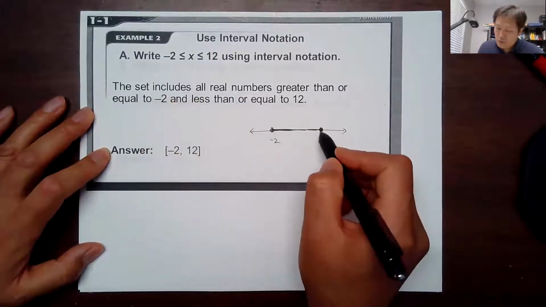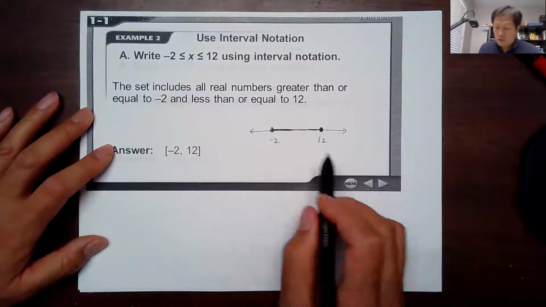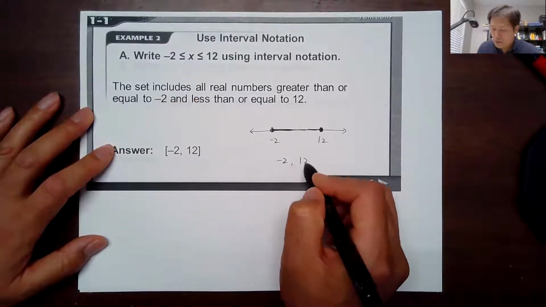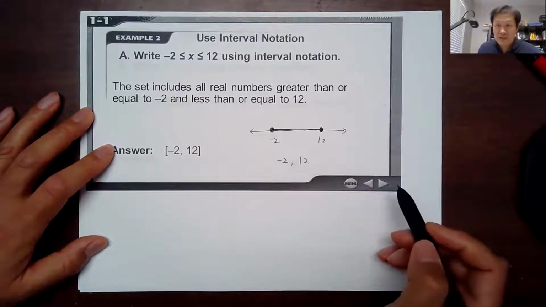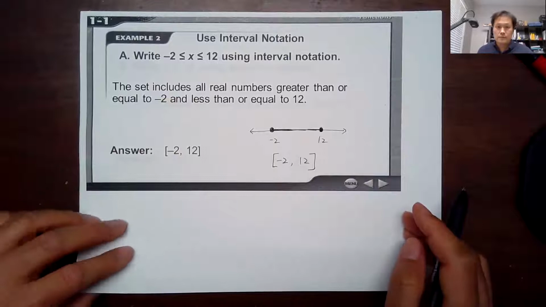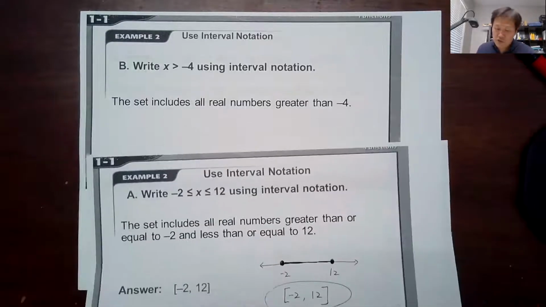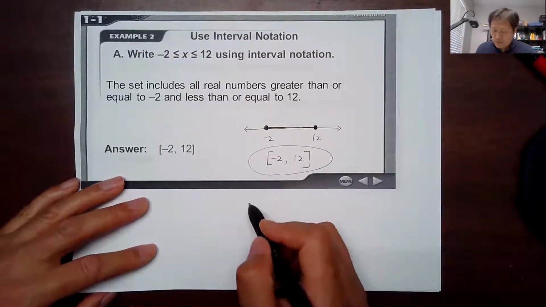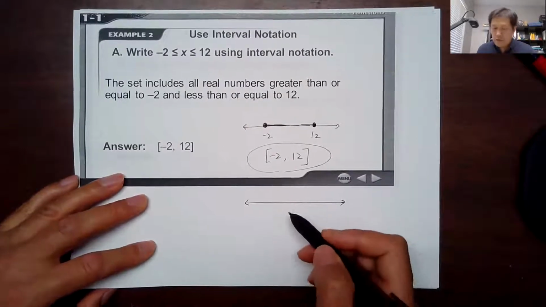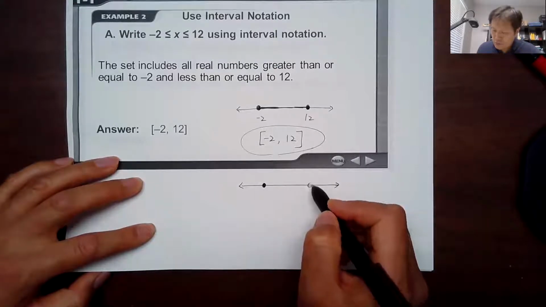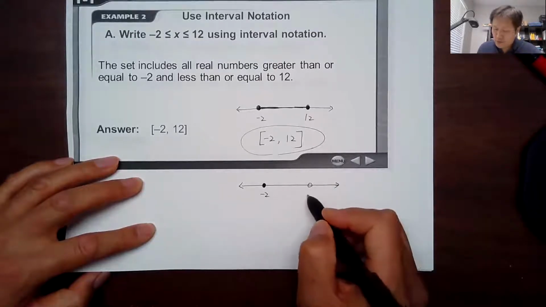So you can just write it as minus 2 to 12. And if you have a solid dot, bracket; solid dot, bracket. So that's interval notation. If this was not a solid dot, let's say solid dot to empty dot, for example, minus 2 to 12.